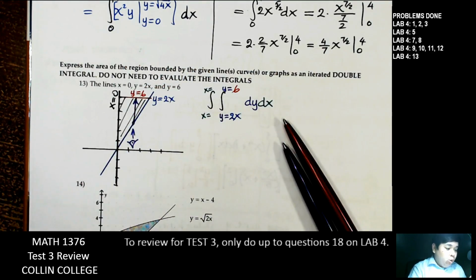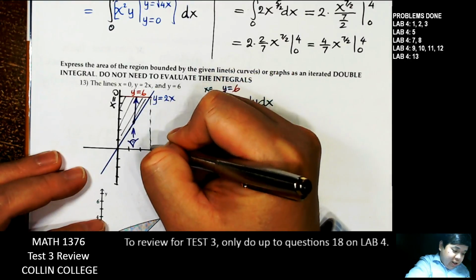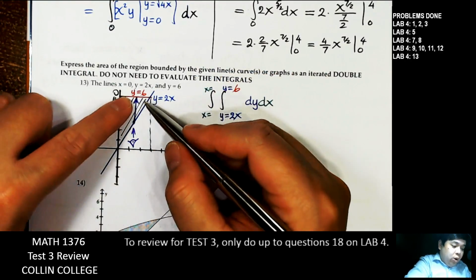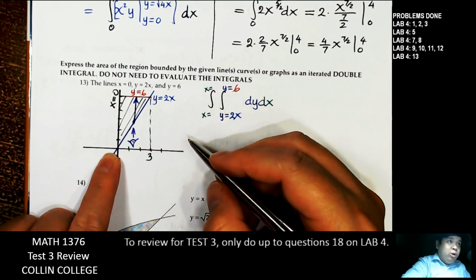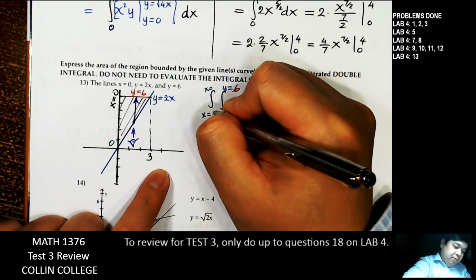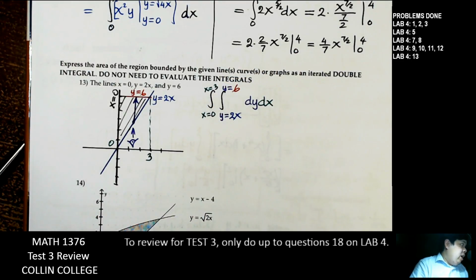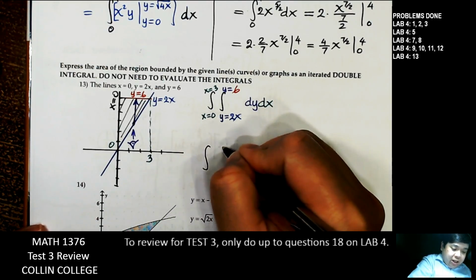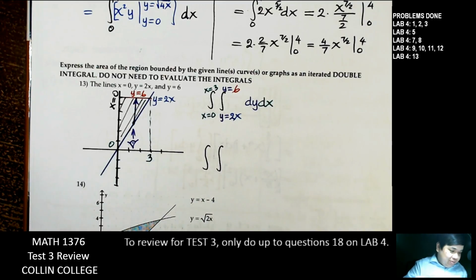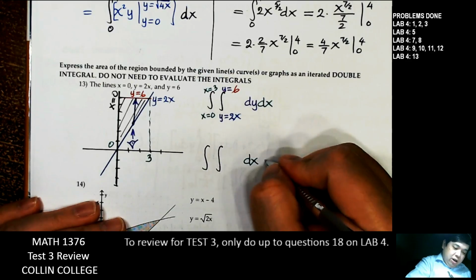And then on the outside will be just two values for x, which must be constants. Because y equal to 2x, when y equal to 6, x equal to 3, the values will go from 0 to 3 for x. So that is if we set up dy and then dx. Now if we want to, we can set up dx first and then dy.